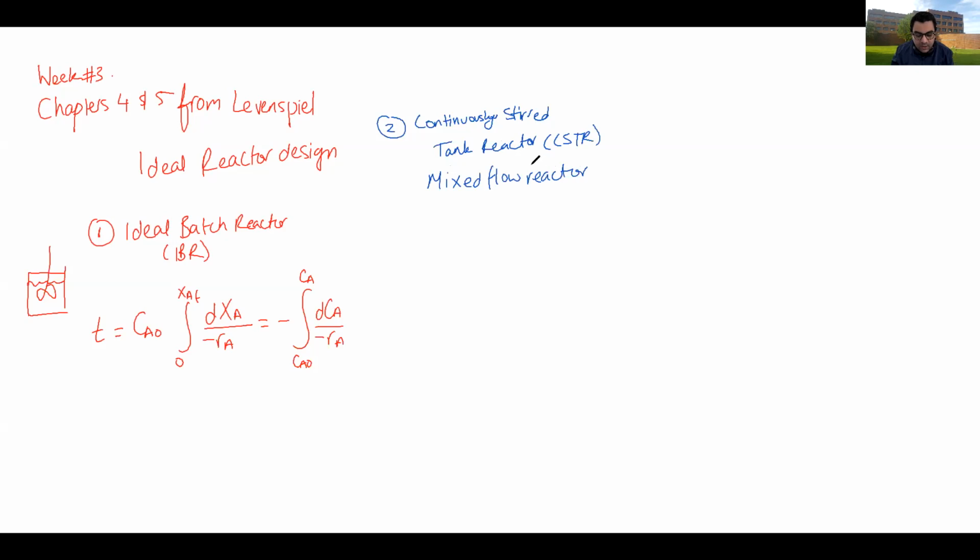And the performance equation for this reactor is V divided by FA0 is equal to tau over CA0 is equal to XA over minus rA, right?